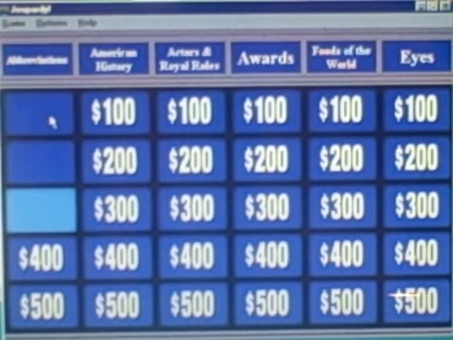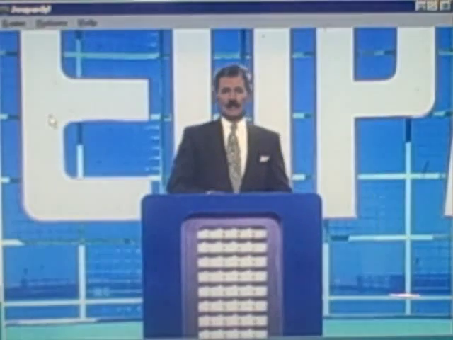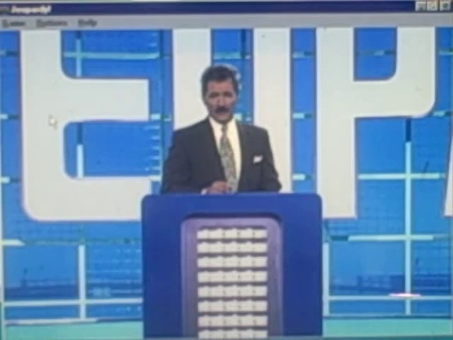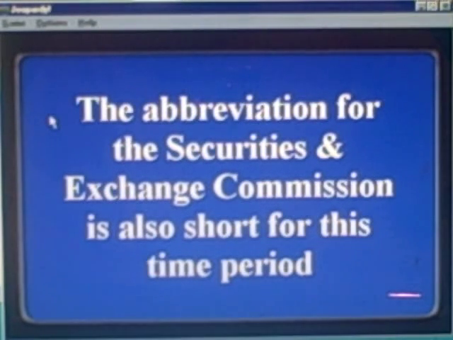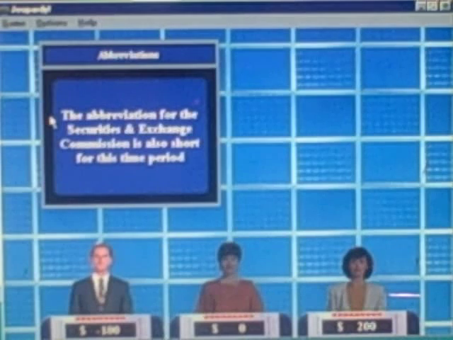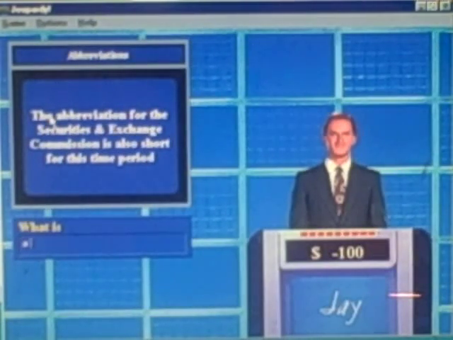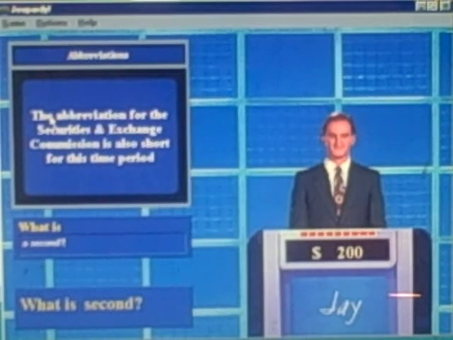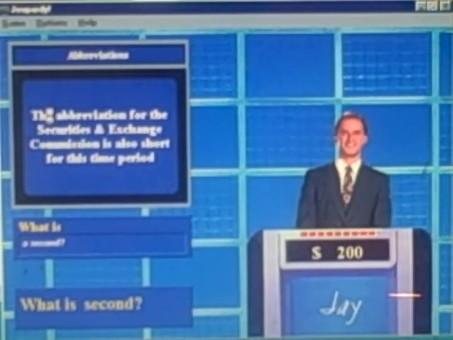Abbreviations 300. The abbreviation for the Securities and Exchange Commission is also short for this time period. What is a second? Yes, that's correct. 400.